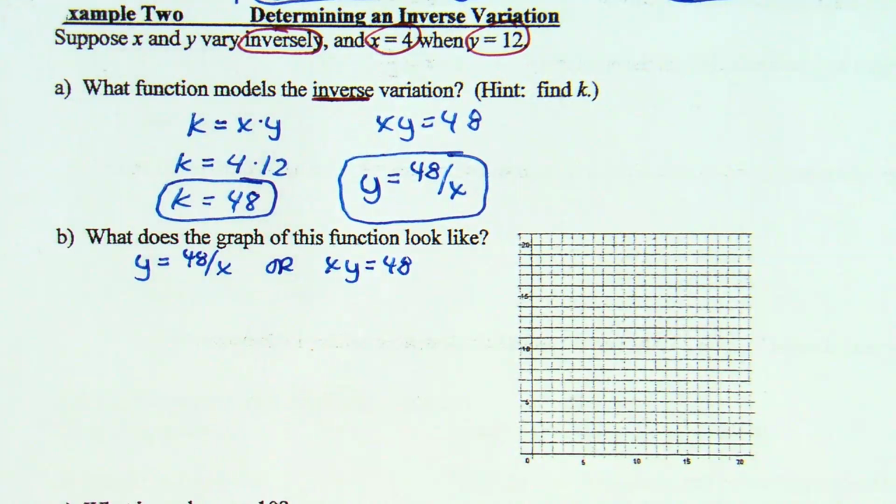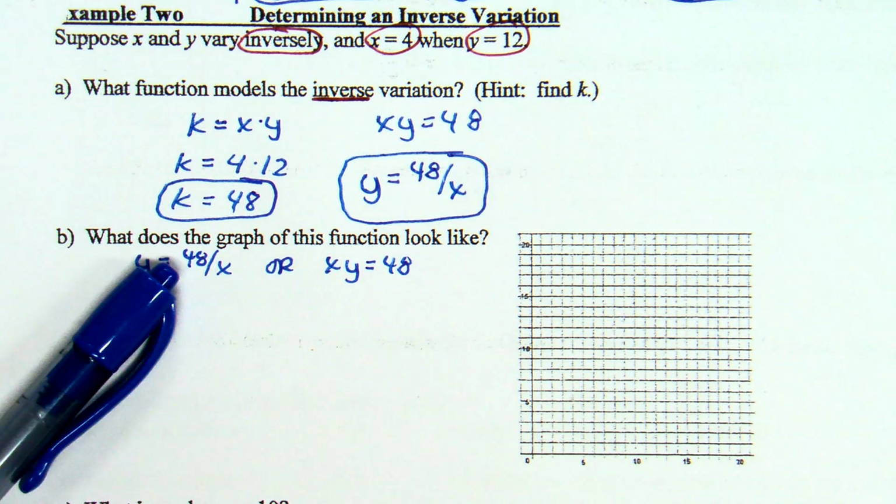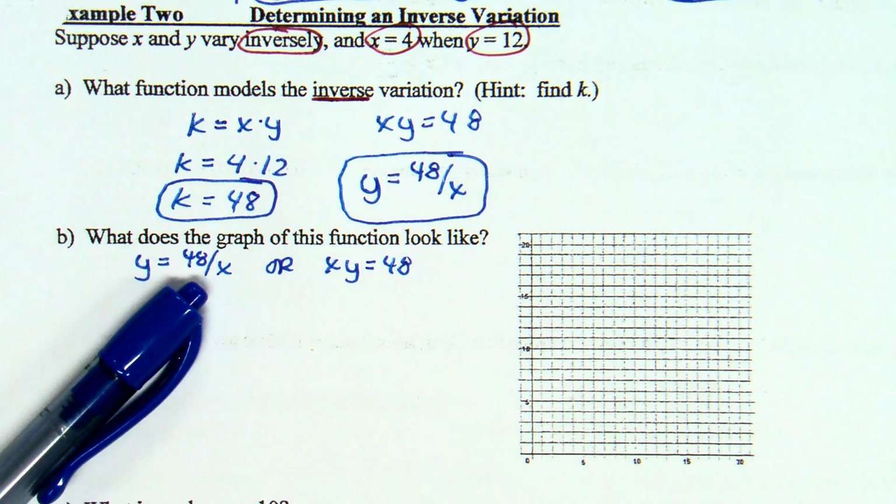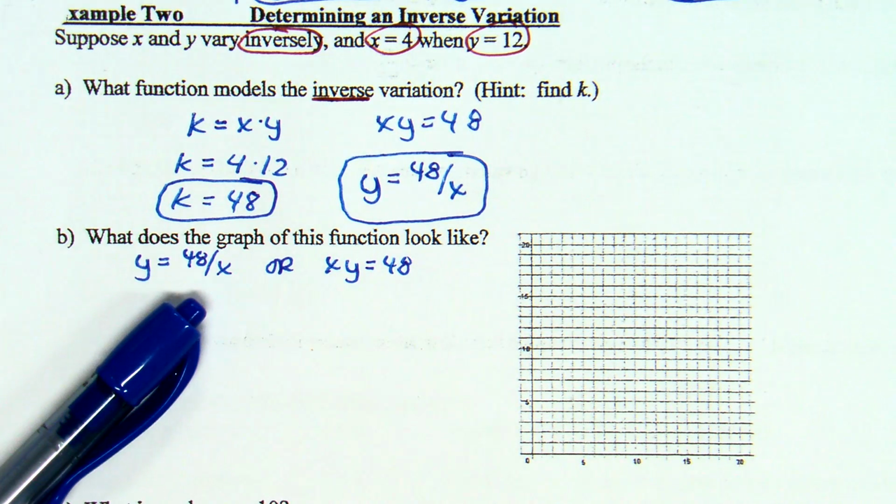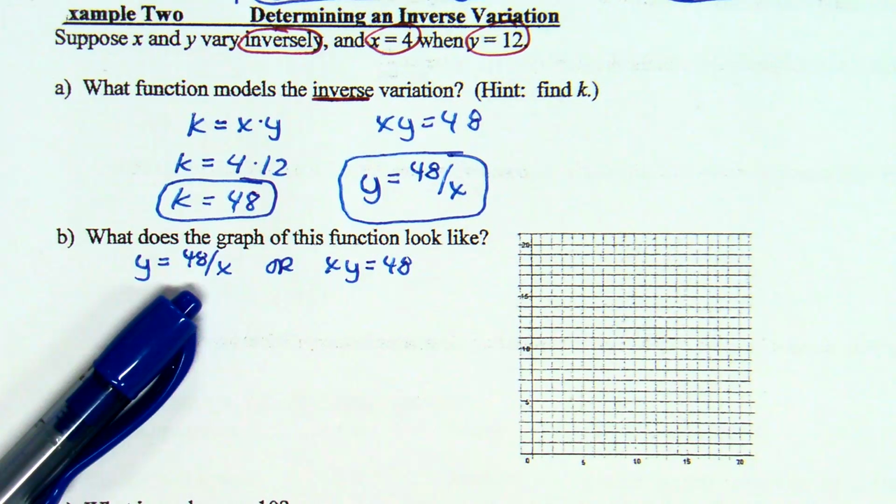Am I going to like all x values in this situation? No, I'm not going to like all x values in this situation. So I'm not going to do quite my normal like -2, -1, 0, 1, 2 type chart because, well, first of all, 48 divided by 0. Not possible. You cannot divide by 0.